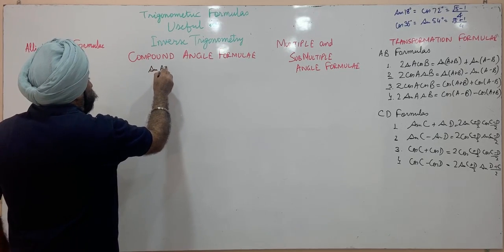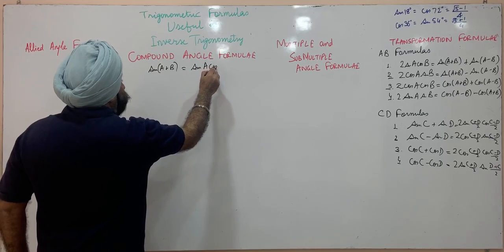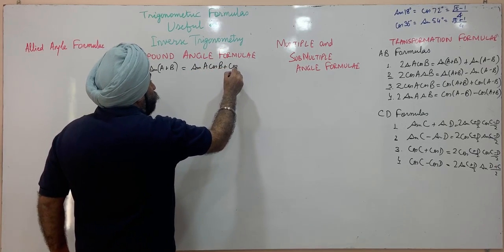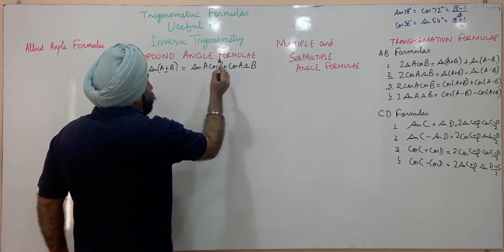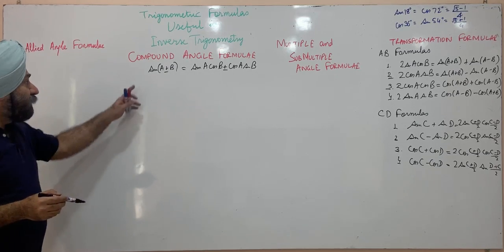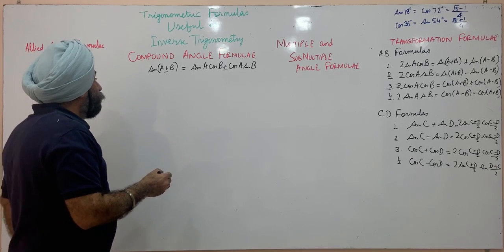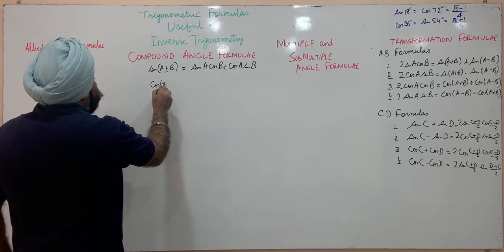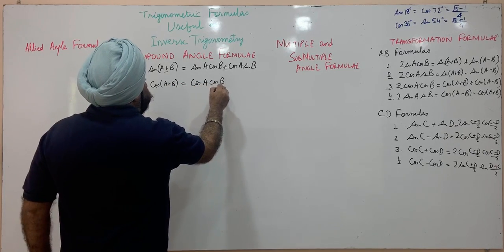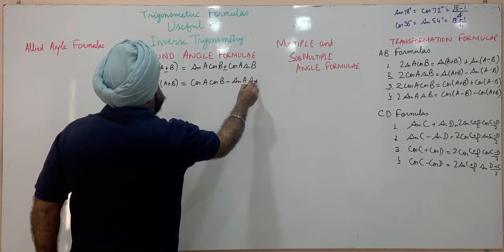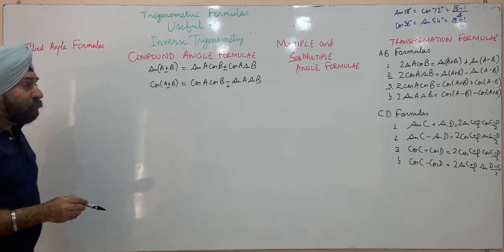Sine of A plus B is equal to sine A cos B plus cos A sine B. If it's a minus sign here, we have a minus sign here: sine of A minus B is sine A cos B minus cos A sine B. Similarly, cos of A plus B is cos A cos B minus sine A sine B.